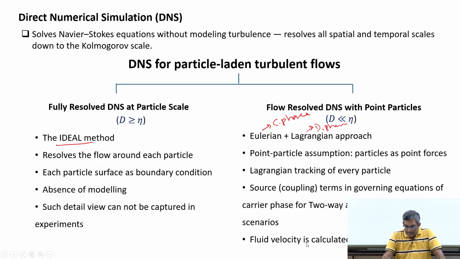In this case, the fluid velocity is calculated at the particle position. As I just mentioned, with the point particle assumption, it is possible to assume that the fluid velocity is defined at the particle position, and you calculate the Stokes drag term.